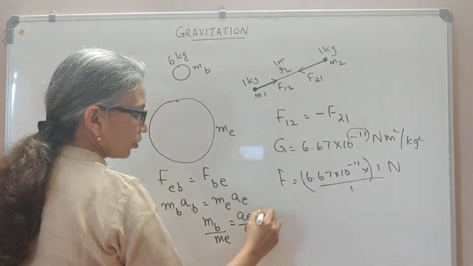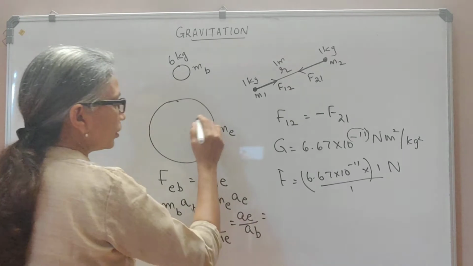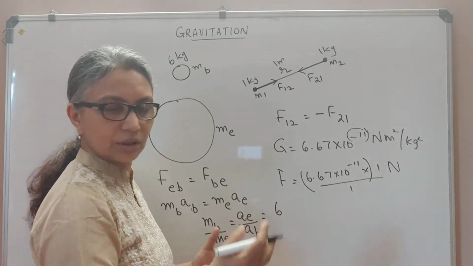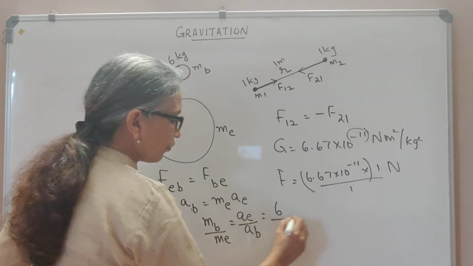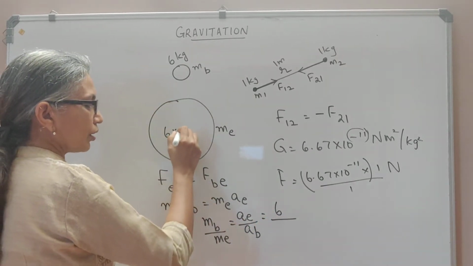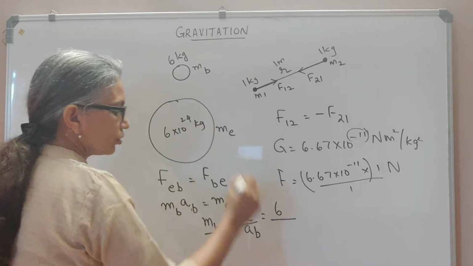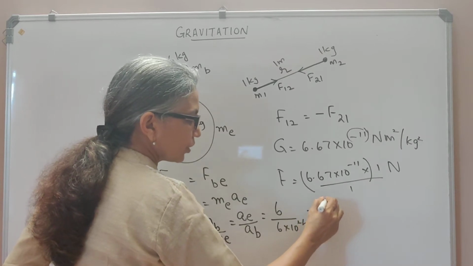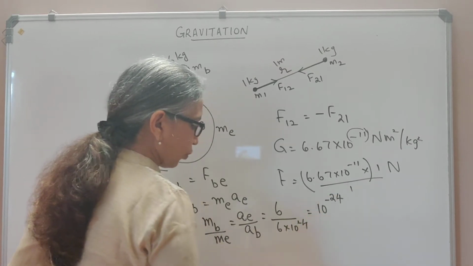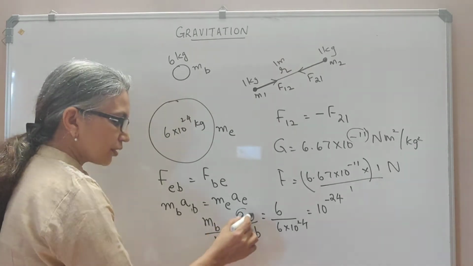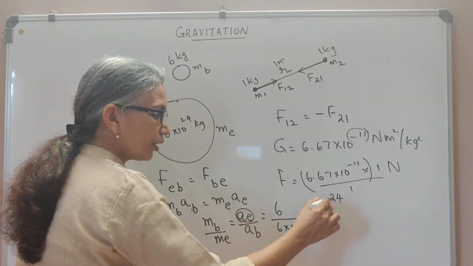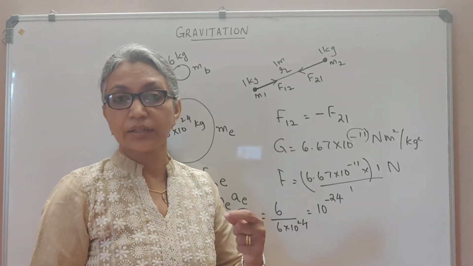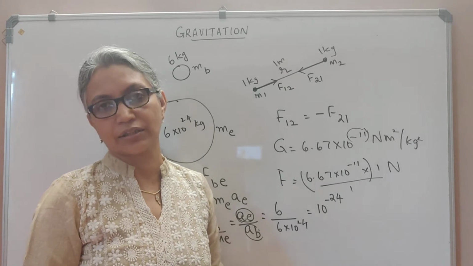So the acceleration of the mass of the ball is, we've taken some body, not a ball, a huge body, 6 kilogram, divided by the mass of the earth, which is 6 into 10 raised to 24 kilogram. This tells you that this ratio is 6 into 10 raised to minus 24, which means the acceleration of the earth is 10 raised to minus 24 times the acceleration of the ball.